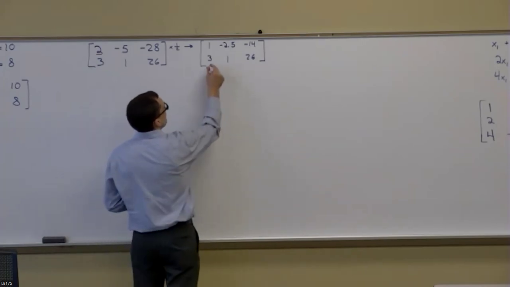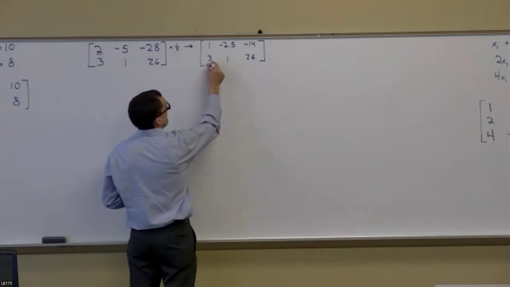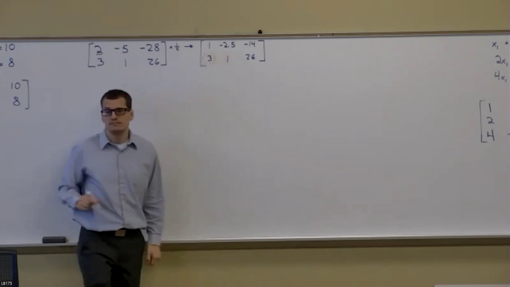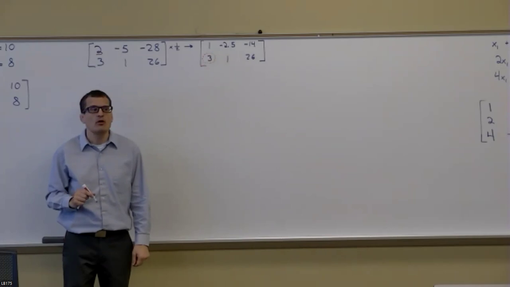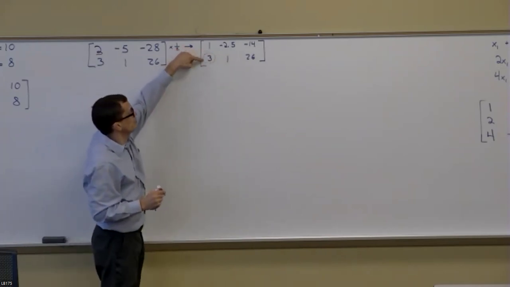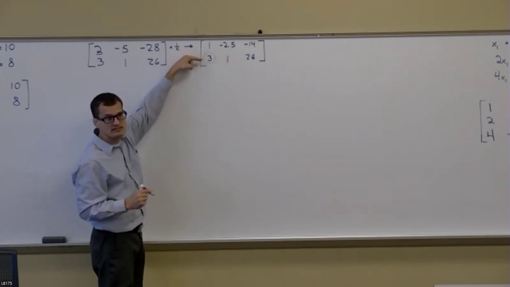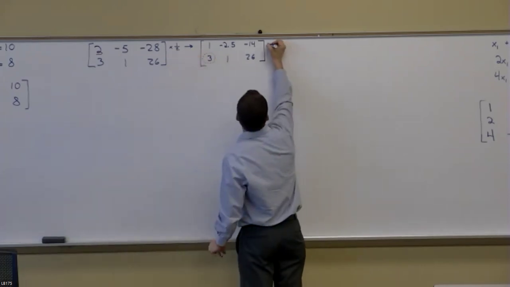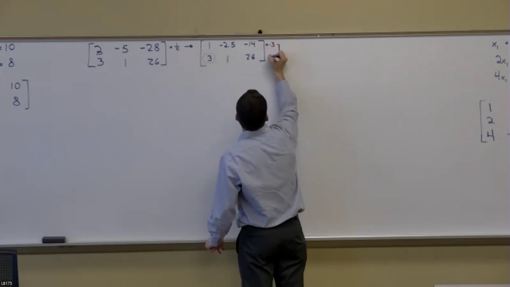Now, I want to force this 3 to be a 0. The way I do that is essentially the elimination method: I replace this second row with negative 3 times the first row plus the second row.